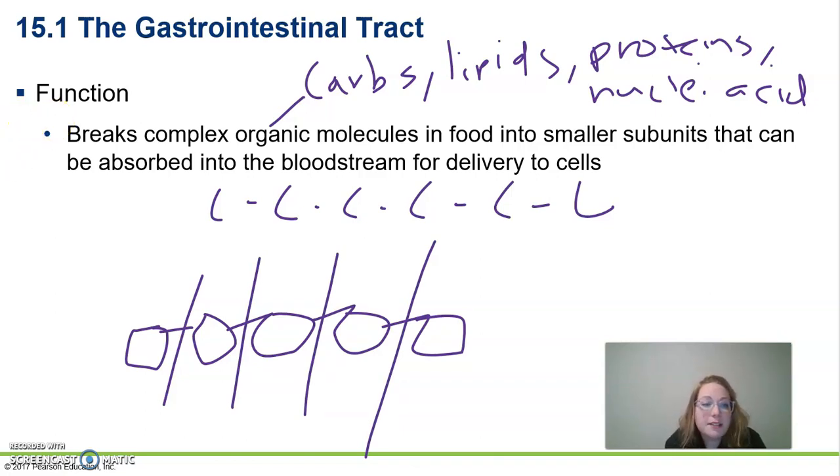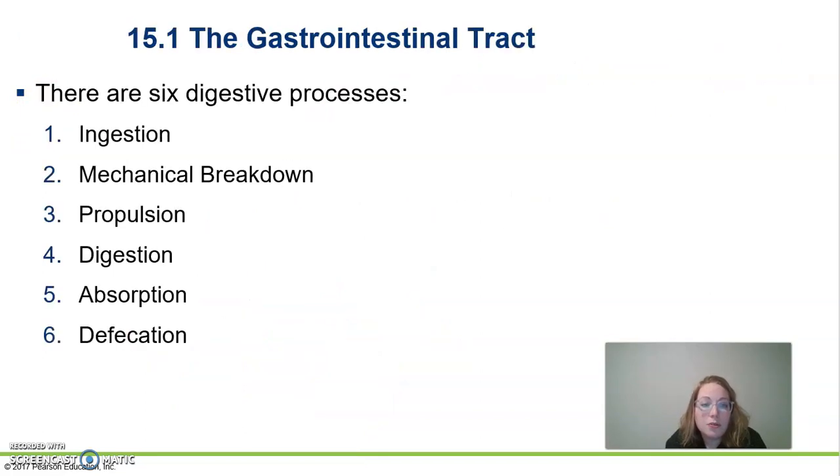So let's look at these processes a little bit more. 6 processes. First, ingestion, eating, taking food in. Now, mechanical breakdown is the physical breakdown of this big ball of food, the mixture. We're not breaking bonds yet, we're just taking the pieces of food and breaking them into smaller parts.